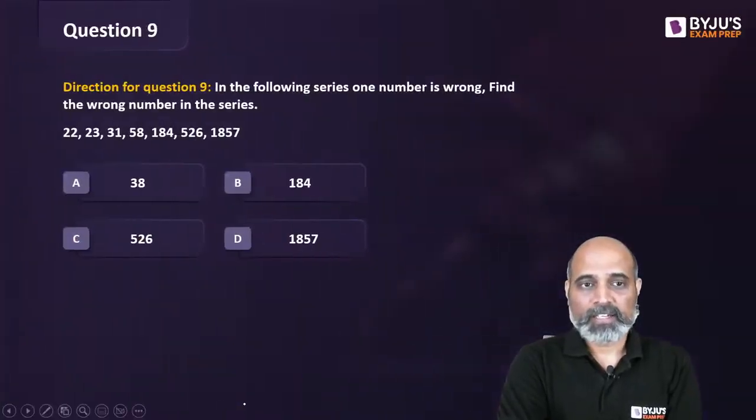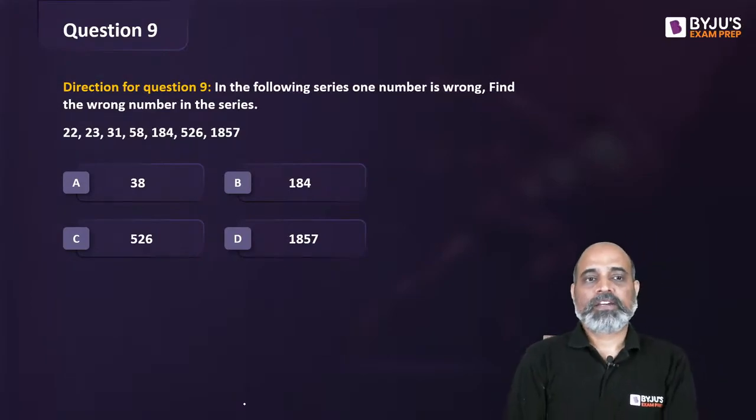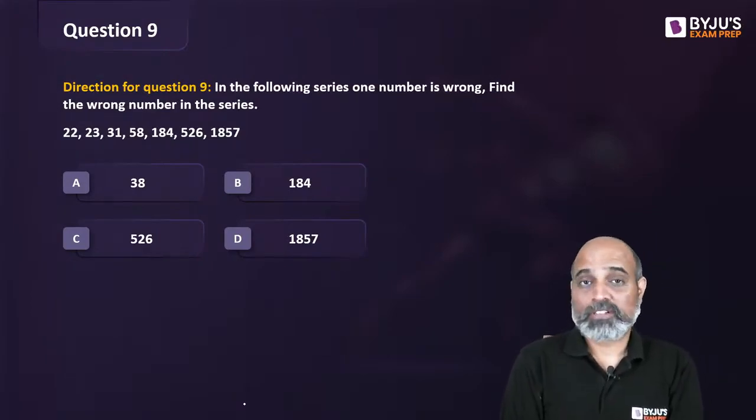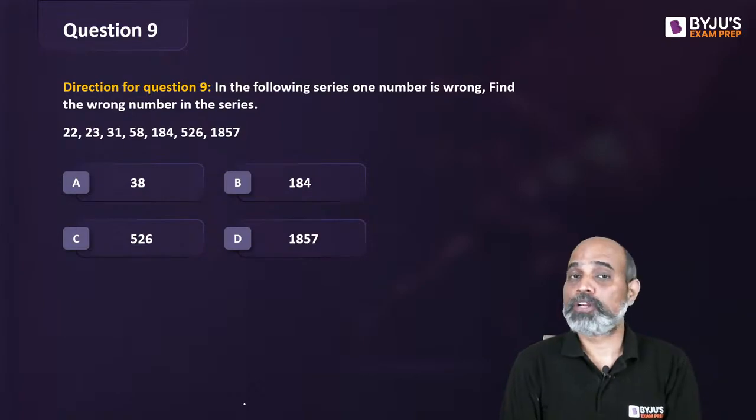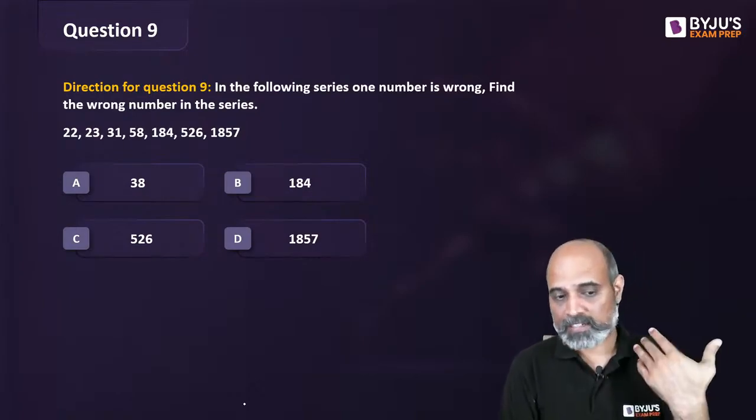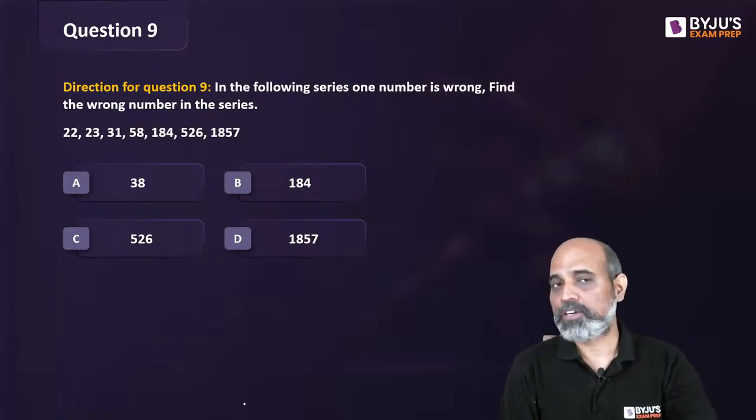Good. Next wala. One of the values is wrong. Okay, it's not now completion, it's more about odd one out. So which one is wrong and why? As in, kya pattern follow ho raha tha which it did not actually follow?